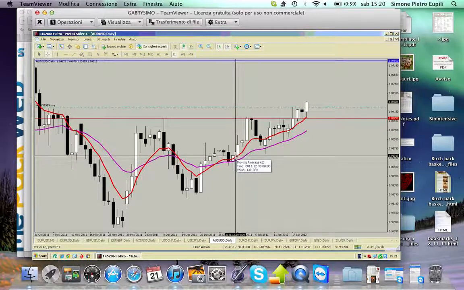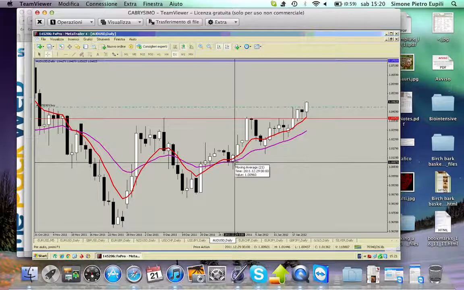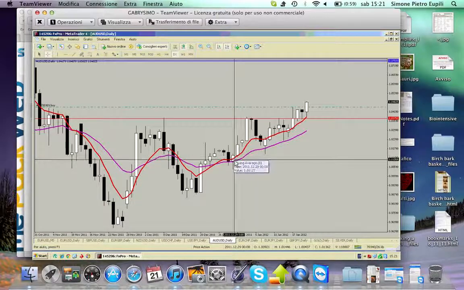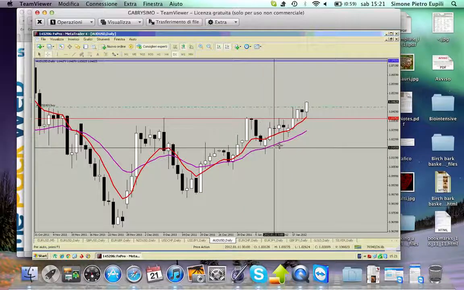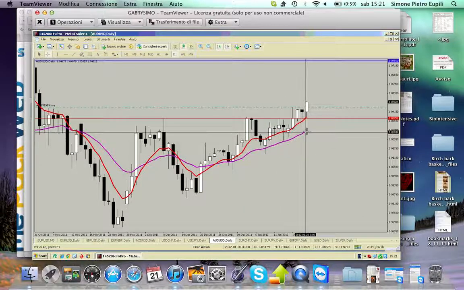You see the close is higher, it has a tail, and it is on the dynamic support of the exponential moving average.